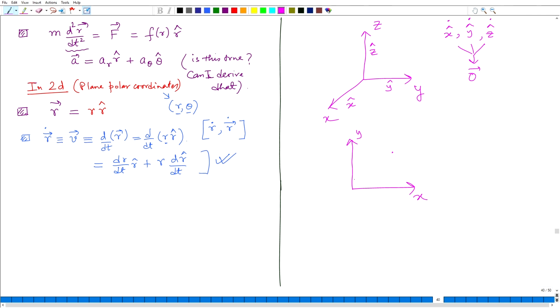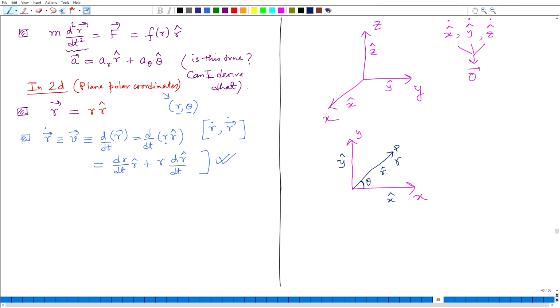So, this will be the r vector for P. This is y cap, this is x cap, they are the Cartesian unit vectors, and for this one the r unit vector is along this direction and the theta unit vector is the direction in which theta is changing.